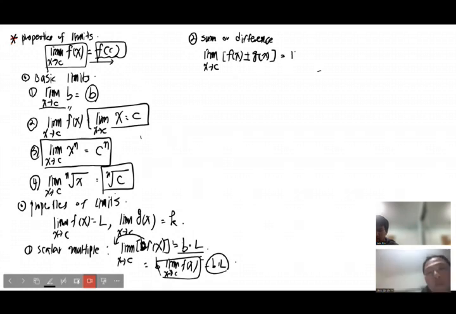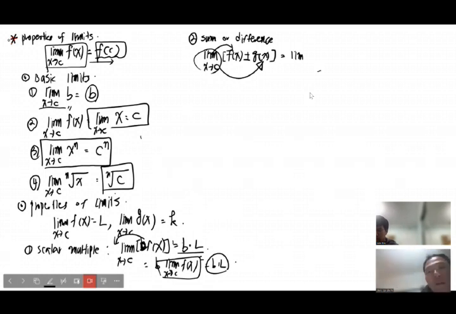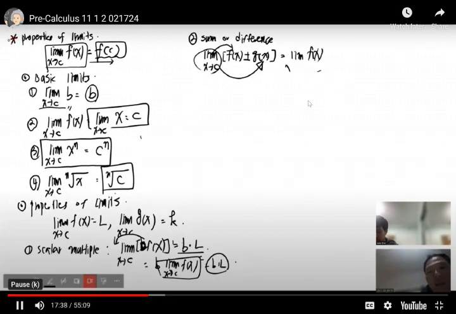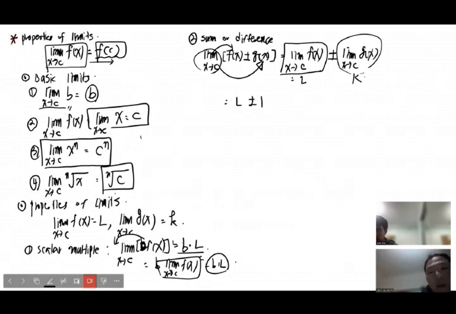So the limit can go into the first term and the second term. That could be expressed as the limit of f(x) as x goes to c, plus or minus the limit of g(x) as x goes to c. Here, the limit of f(x) is L, and the limit of g(x) is k. So that could be L plus or minus k.